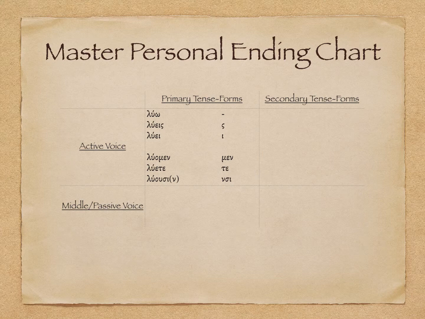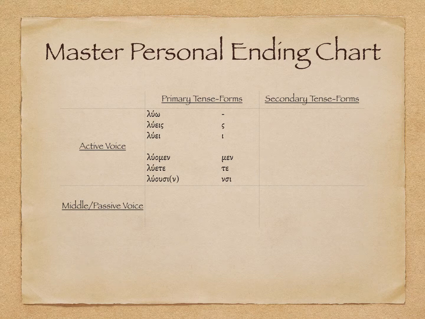The present tense form that we are looking at here in chapter 16 is a primary tense form. And it's the active voice that we've been thinking about today in chapter 16, the present active indicative. The present is a primary tense form and active, and so we have this set of endings, and these will need to be memorized.